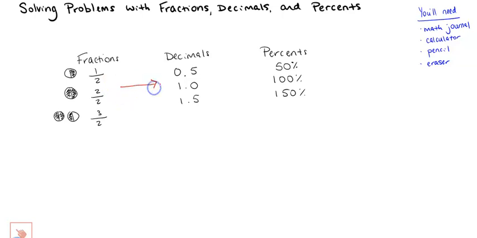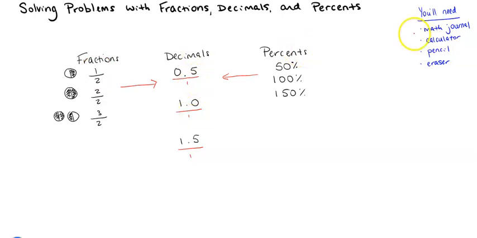So we're going to convert our fractions to decimals and our percents to decimals. And the way we're going to do that, we want to remember decimals always have a denominator of 1. So if we can get our denominators to be equal to 1, we can compare these numbers and start to use them to solve problems. So let's talk about how to convert fractions and percentages into decimals.